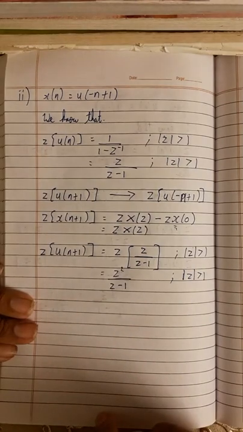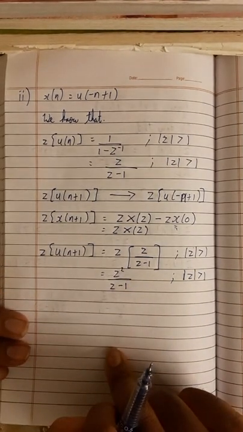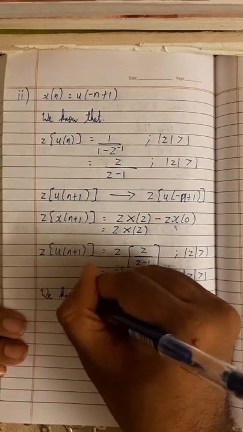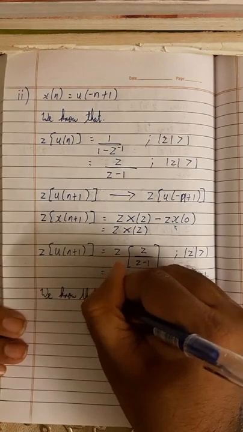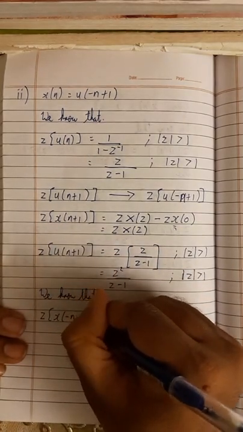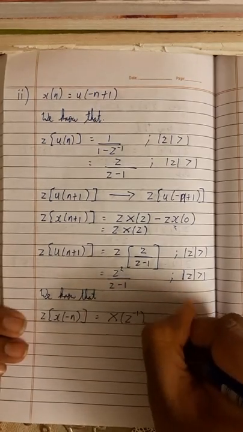Okay, so now I'm going to apply the time reversal property, that is, we know that the Z transform of x of minus n is nothing but X of Z inverse.